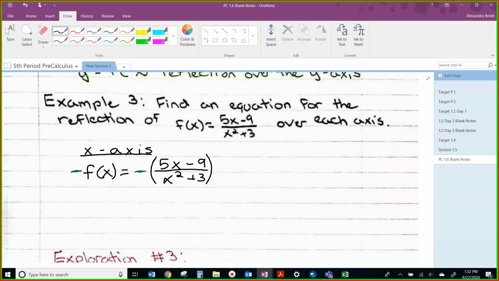Now, when we distribute this negative into our fraction here, it only distributes into the numerator. It does not distribute into both the numerator and the denominator. So negative times 5x is negative 5x, and negative times negative 9 is positive 9. And then nothing happens to our denominator.